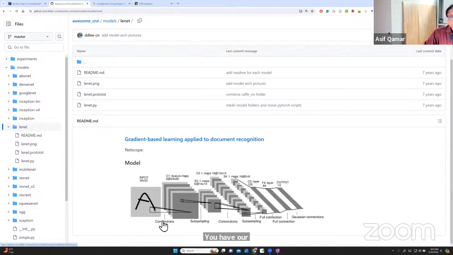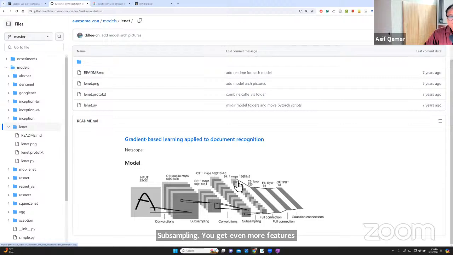Feature maps produced through a process of convolution. What is this subsampling that he's talking about? It is pooling. Then more convolutions. At the end of it, what do you end up with? Lots of features. Second layer of convolution. Subsampling. You get even more features.